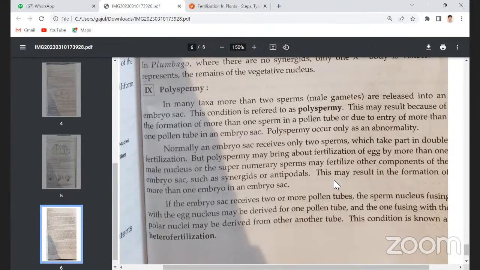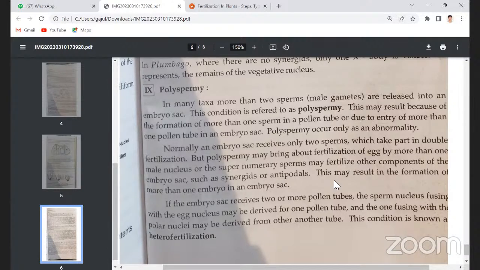This condition is referred to as polyspermy. This may result from the formation of more than one sperm in a pollen tube or due to entry of more than one pollen tube in the embryo sac. Polyspermy occurs only as an abnormality.